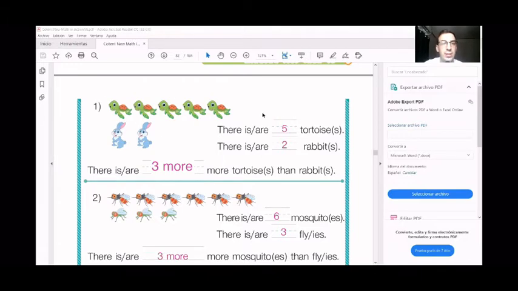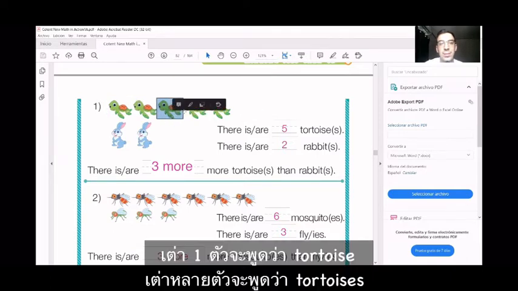Do you know what is this animal? In English, please. What is this animal in English? Turtle. Okay, this is a turtle. But when we have the child of the turtle, we don't call it turtle.